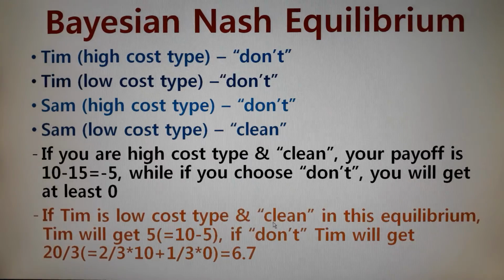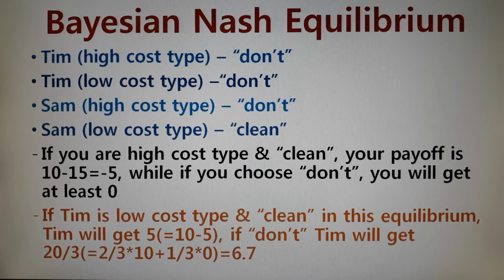So what can be an equilibrium? As I told you, even though it's the same Tim, the high cost 15 and low cost 5 types should be treated as different players. Same for Sam. So even though we have only two players, Tim and Sam, because Tim and Sam can each have two types, we have to write it down as if there are 4 players.